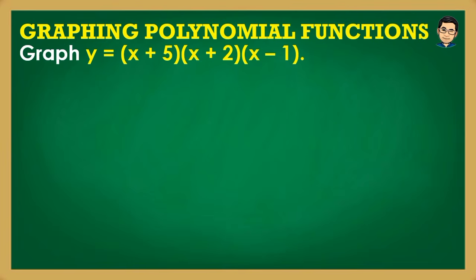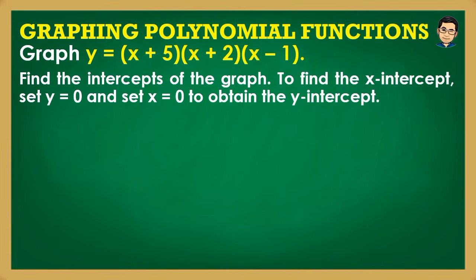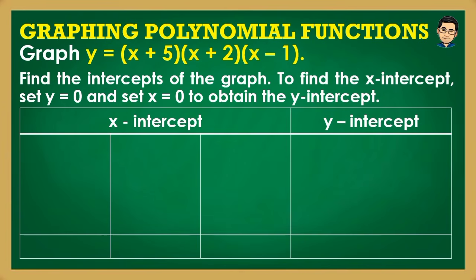So, after natin kunin yung factored form ng given function natin, we have to find the intercepts of the graph. To find the x-intercept, set y to 0 and set x to 0 to obtain the y-intercept. So, let's have the x-intercept first. So, ang gagawin lang po dito is i-equate natin yung given function natin to 0.